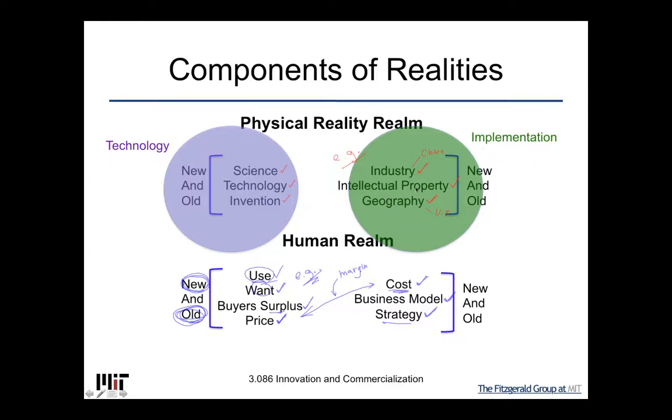So we need to do these things in the physical realm to implement these technologies and create an overall innovation. If you think about it, industrial structure, geography and intellectual property are physical, but they are methods of implementing science and technology into satisfying the human realm. And over in the human realm, it's pretty straightforward to see that use, want, what people get, and the price are all in the market category.